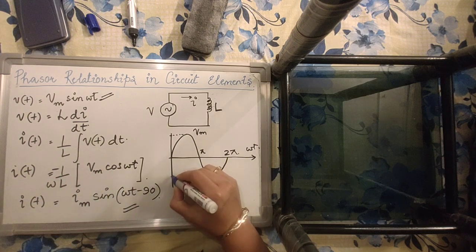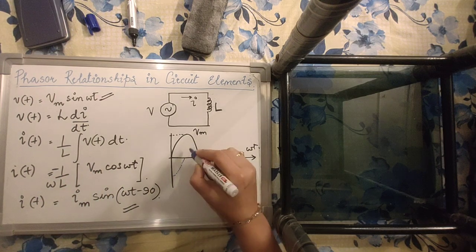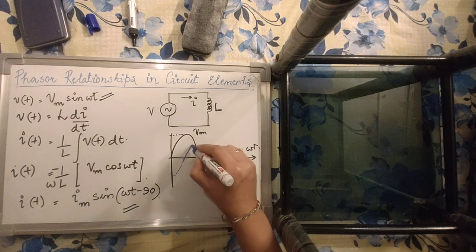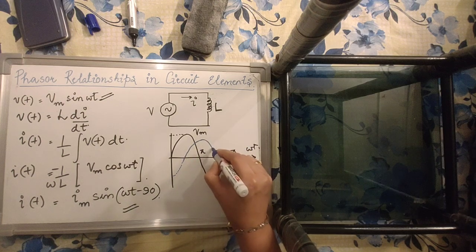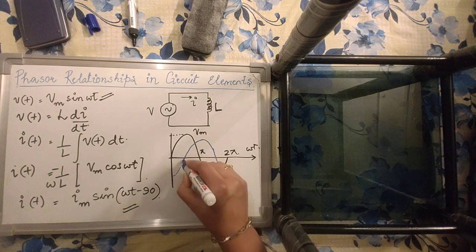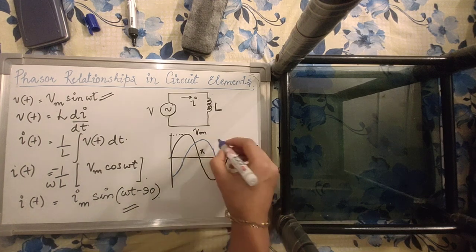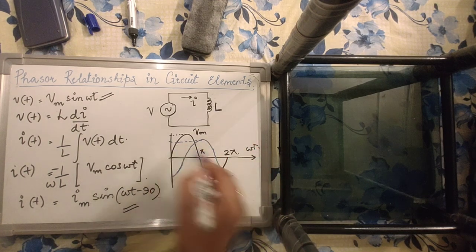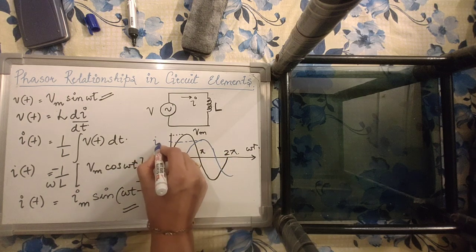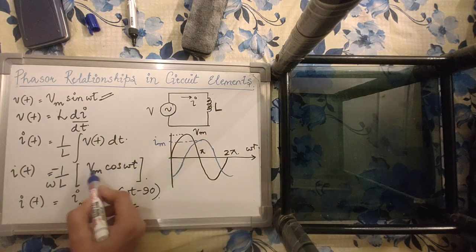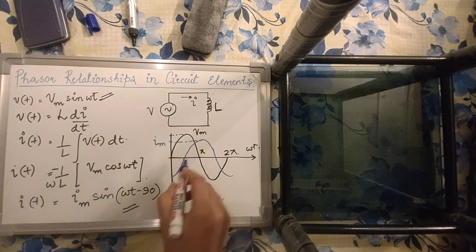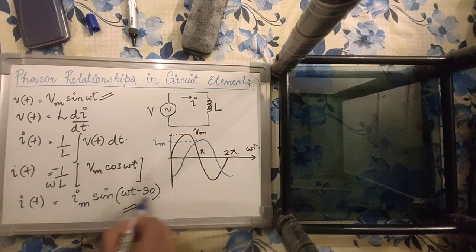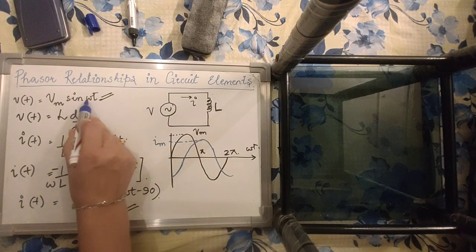So minus of cos signal, which is something like this. Right? So this signal is your current signal with peak value being equal to Im, where Im is Vm by omega L, and this signal is actually lagging the voltage signal by 90 degrees.